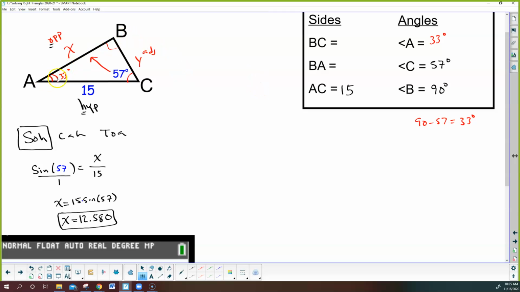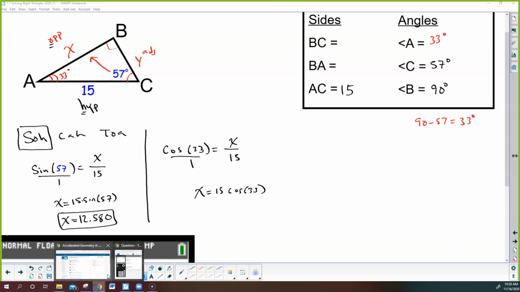Now notice, if I use angle A, this does not become the opposite, it's now the adjacent. And if I use the hypotenuse and the adjacent, don't write this part, but all it would be is cosine of 33 equals the adjacent, which was x, over the hypotenuse. So then it would be 15 times the cosine of 33.